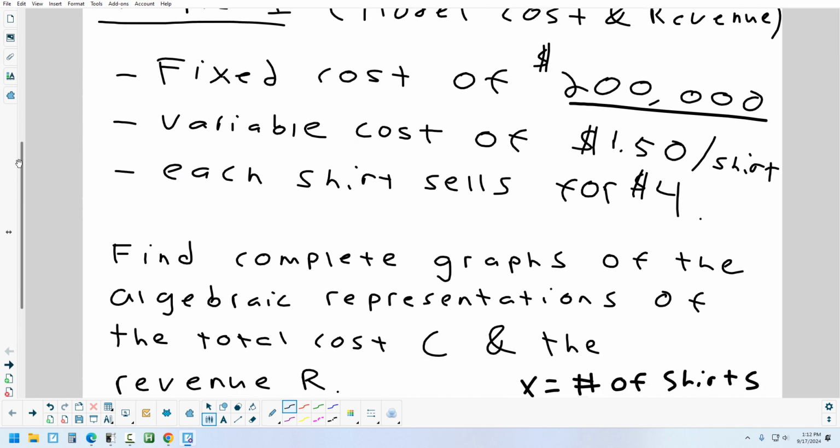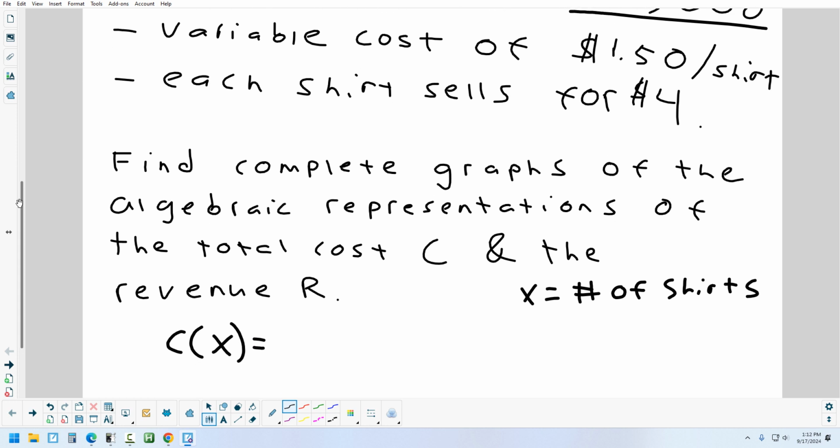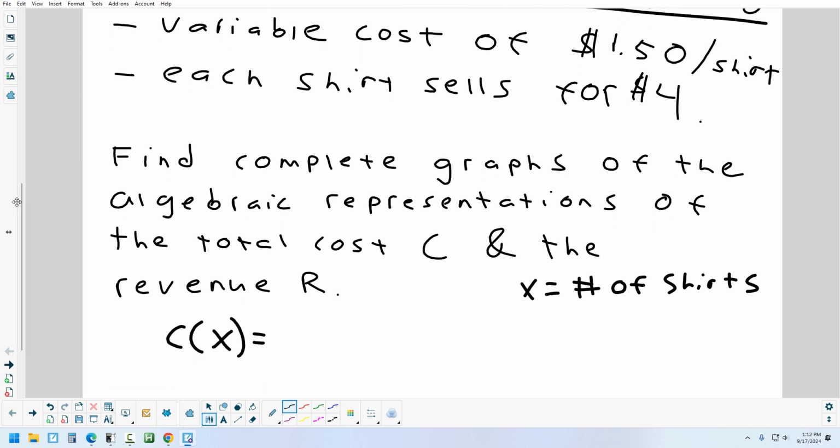What is the variable cost? In other words, the cost that changes depending on how many shirts we make. How much does that cost? It's $1.50 per shirt. So how would we represent a cost of $1.50 per shirt?